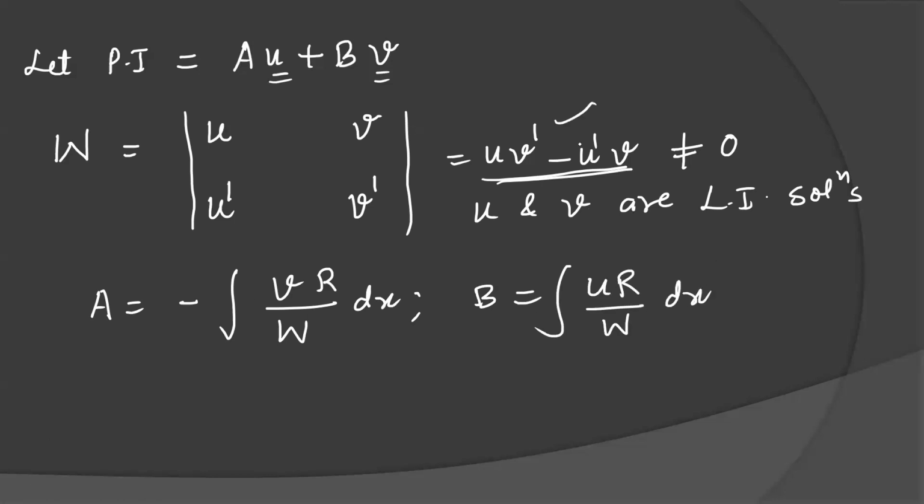W you can find, U and V are known from the homogeneous part, and R you can find by comparison. Then the complete solution will be CF plus PI. Let's see one example, then you will better understand this method.